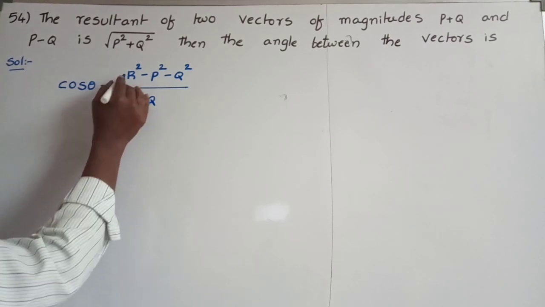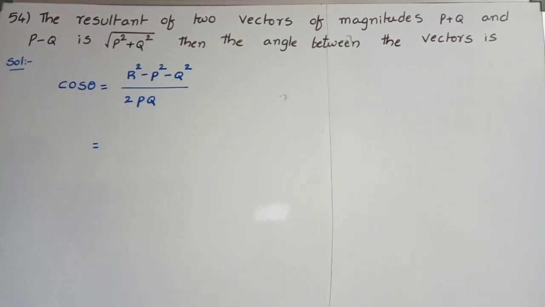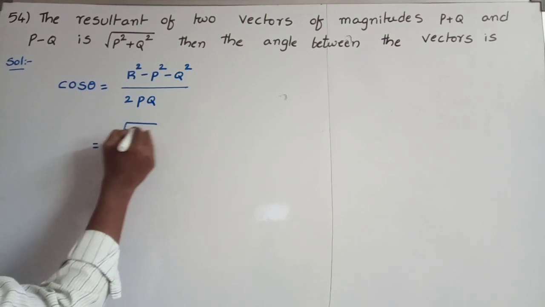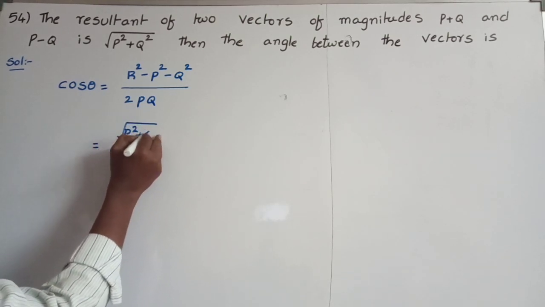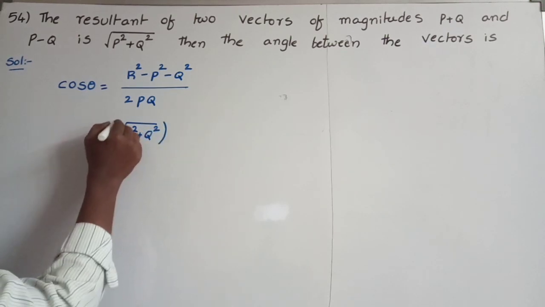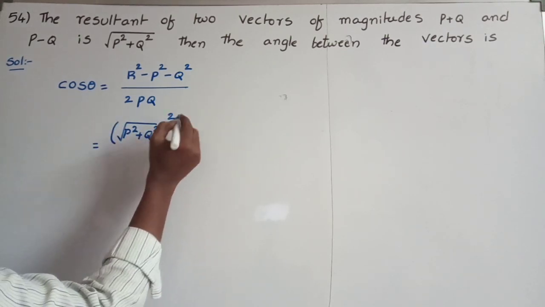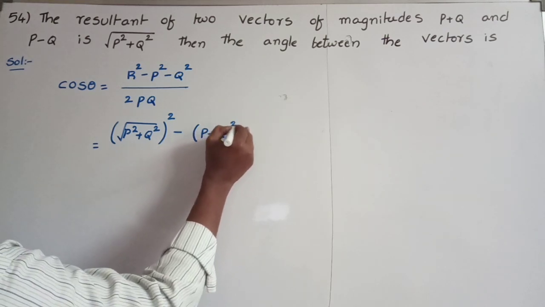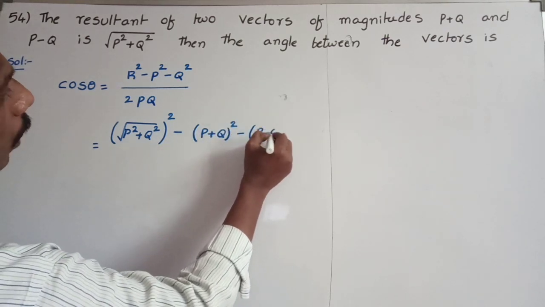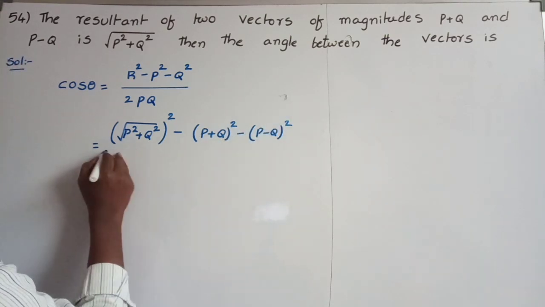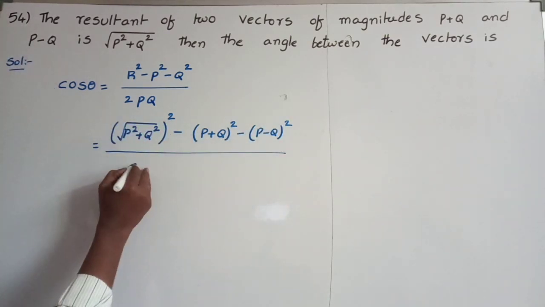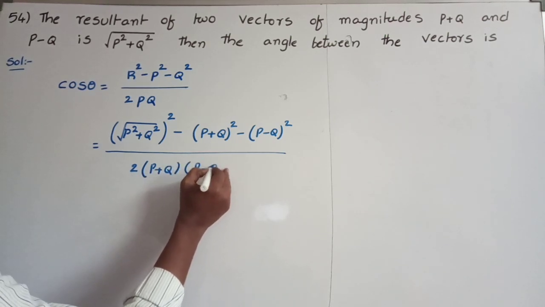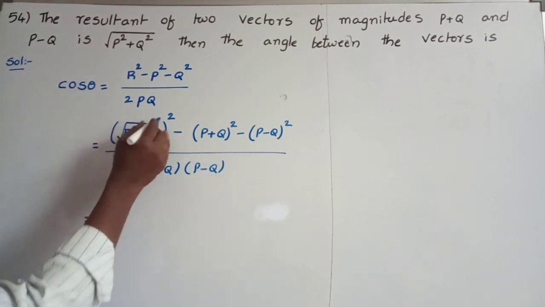From this, R is equal to root over P square plus Q square, which is given, so R square is root over P square plus Q square whole square, minus P plus Q whole square minus P minus Q whole square, divided by 2 into P plus Q, into P minus Q. The square roots get cancelled.